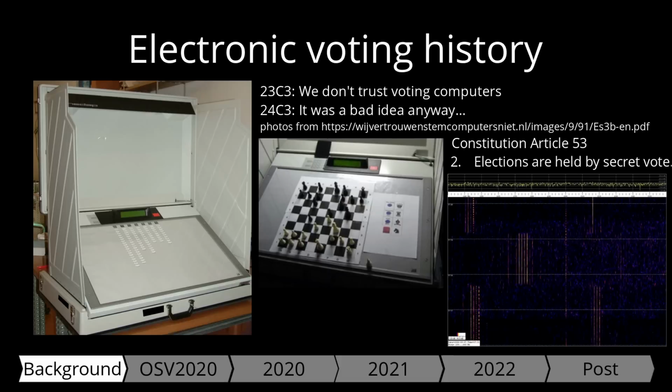But one of the nice things they found was that the machines violated the secrecy of the vote, and that's in the constitution, so it shouldn't be there. They made a Christian Democratic Party detector, and you could see from quite a distance which party people voted for, and it got banned, luckily, in around 2009.